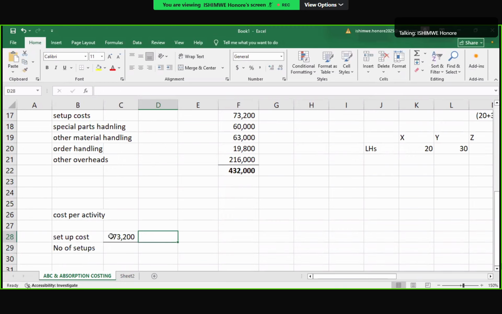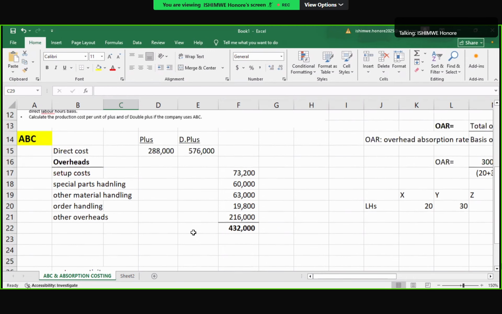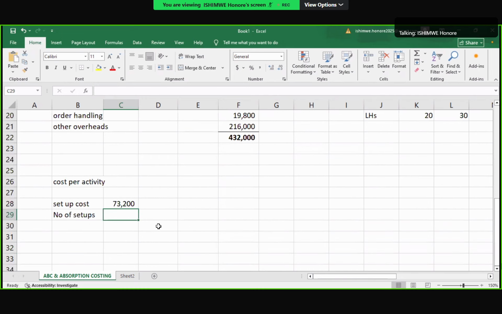Setup cost comes with the number of setups. So what is the number of setups we have? We're going to determine to see if we have it. You know we have products called plus and double plus. Here it is not a department. Our cost center is a product, not a department. It is plus and double plus.